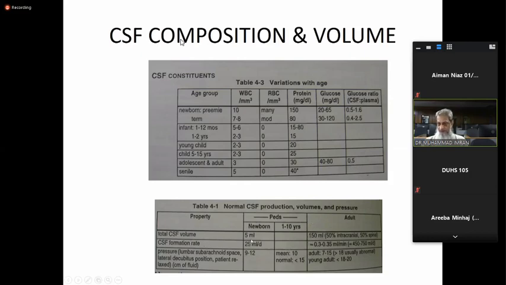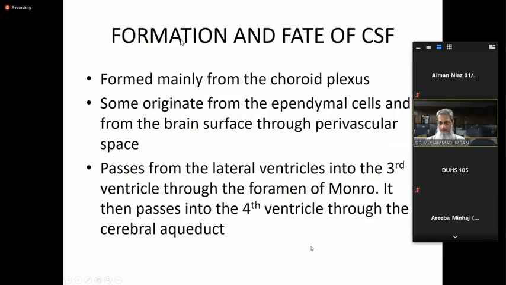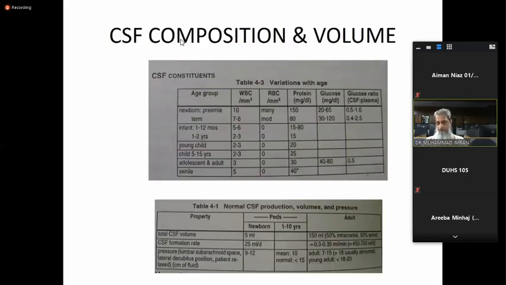The total volume of CSF again varies according to the age of the patient. In newborn, it is 5 ml. You know that in the newborn, if we see the CT scan, the brain is very tight and ventricles are very small. So CSF volume is about 5 ml in total, whereas in adults it is 150 ml.